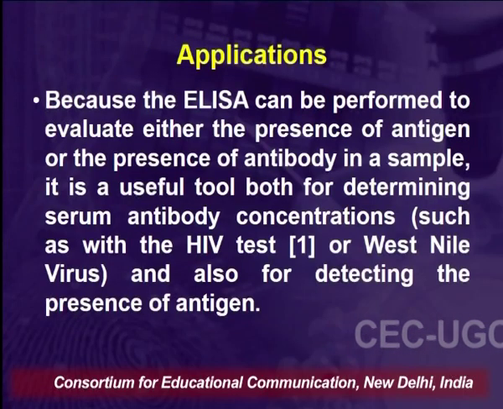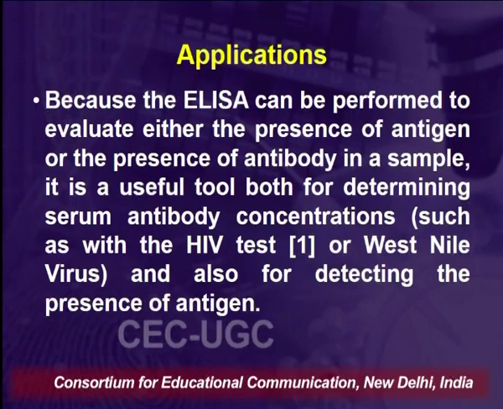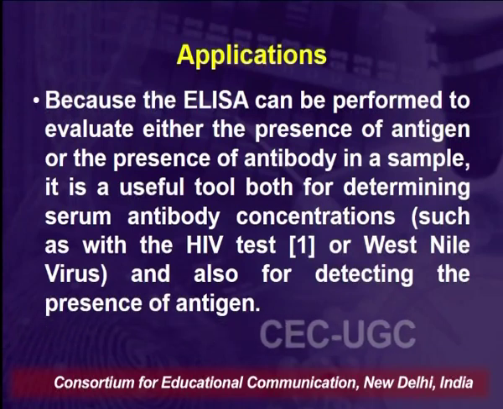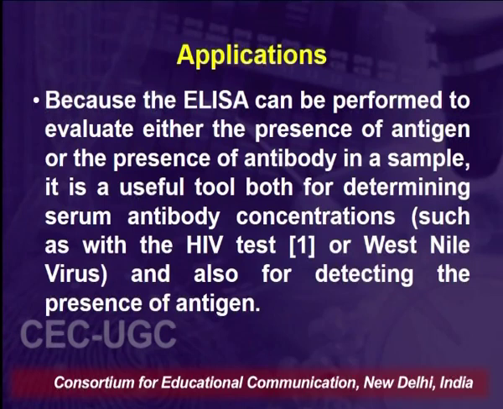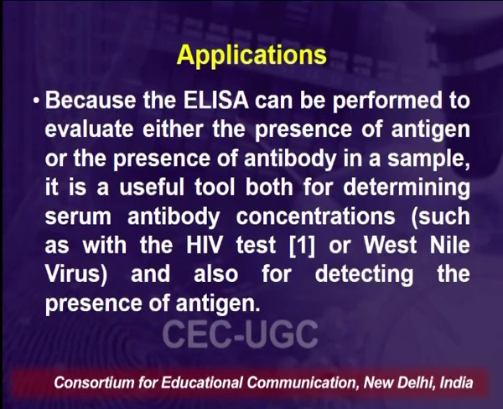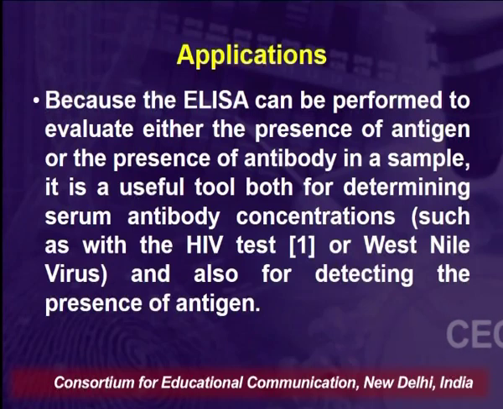Now, the applications of ELISA. Because the ELISA can be performed to evaluate either the presence of antigens or the presence of antibody in a sample, it is a useful tool for determining serum antibody concentrations in various tests, or also for detecting the presence of any antigens which are present there.